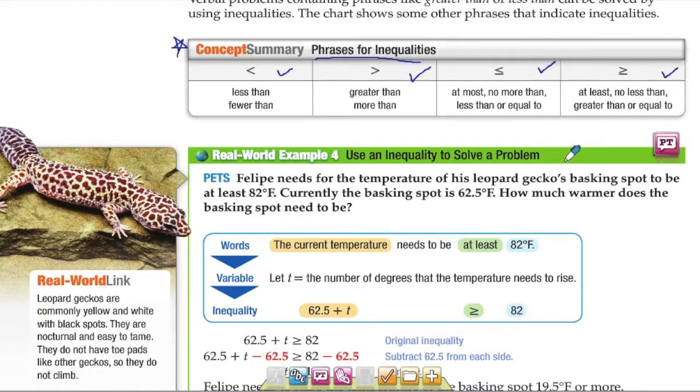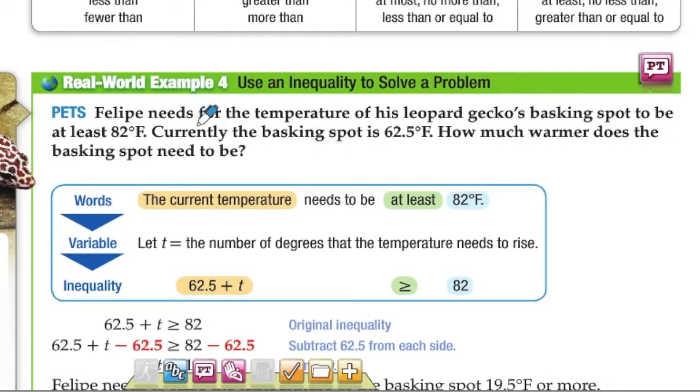For the next example, we're going to be translating story problems into inequalities and then solving them. So you see right here that we have Felipe needs the temperature of his leopard gecko's basking spot to be at least 82 degrees Fahrenheit. And currently it's 62.5 degrees Fahrenheit. How much warmer does the basking spot need to be? So we have the current temperature, and it needs to be at least 82.